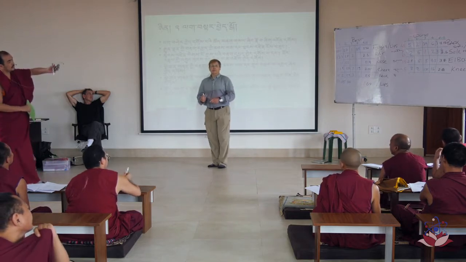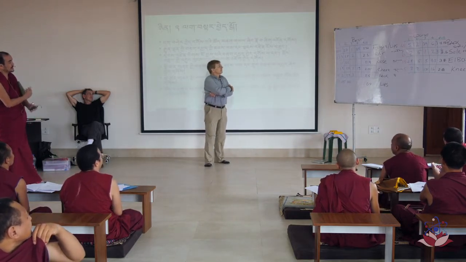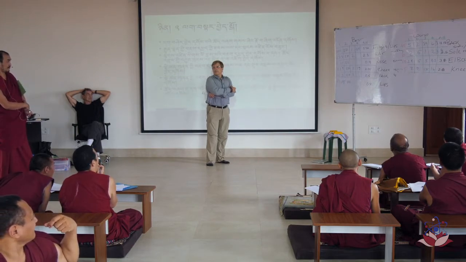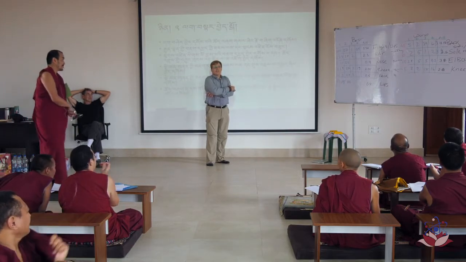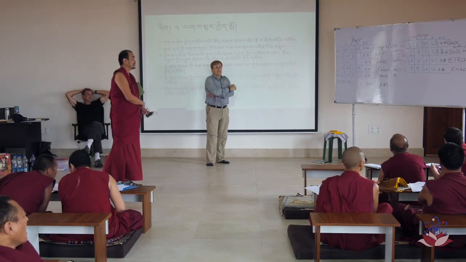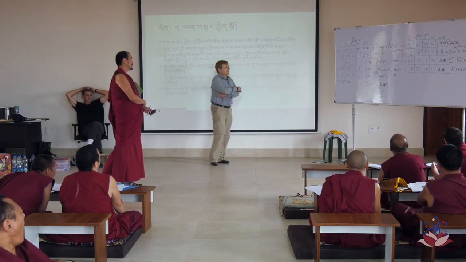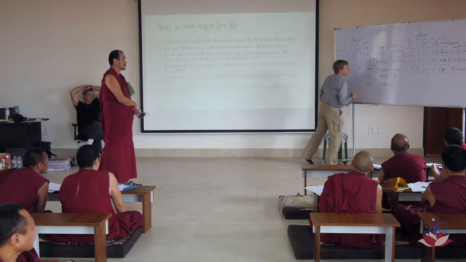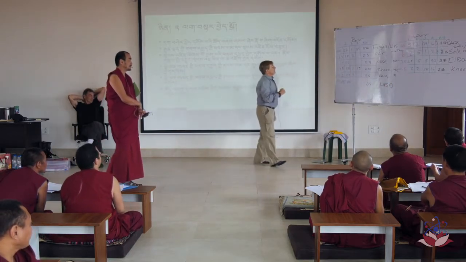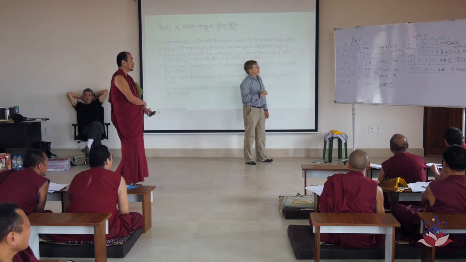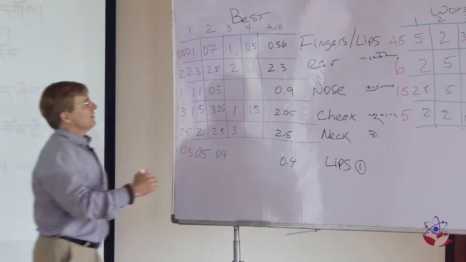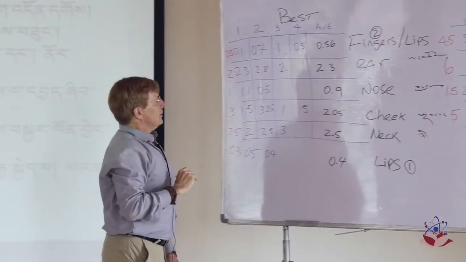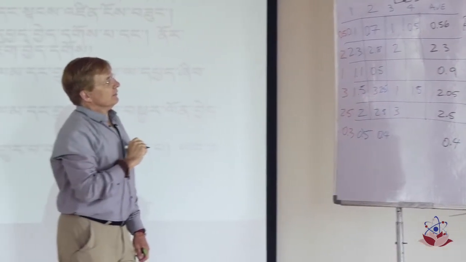So what's the most sensitive part of your body? Where are you most sensitive? To the lips. Lips is number 1. What's number 2? Fingers. Fingers, number 2. What's the next one?